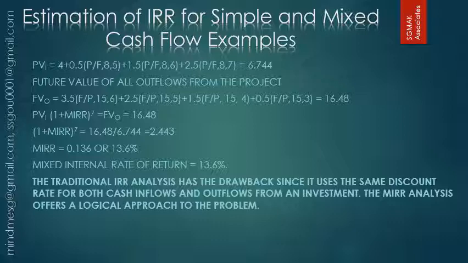We feel that offers a more logical approach to the problem, because you have to treat those two cash flows separately, since they have different earning power: borrowing rate and investment rate. So this is an example that brings out the difference between a simple cash flow and a mixed cash flow, and how to handle them. Hopefully this is of help to you. Thank you.